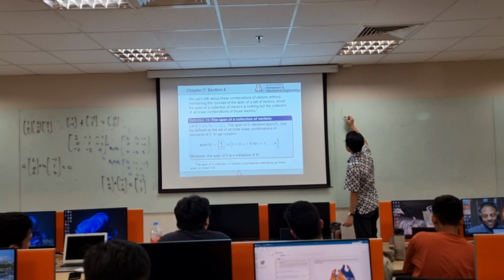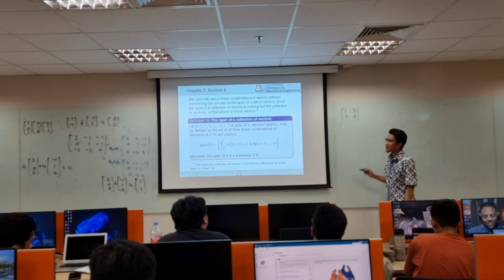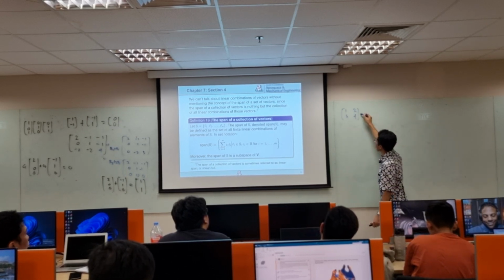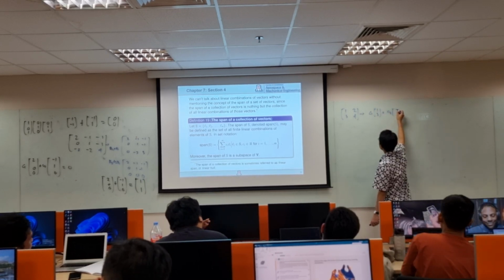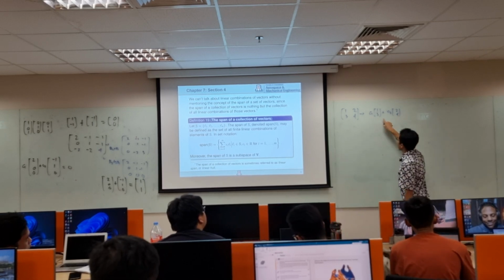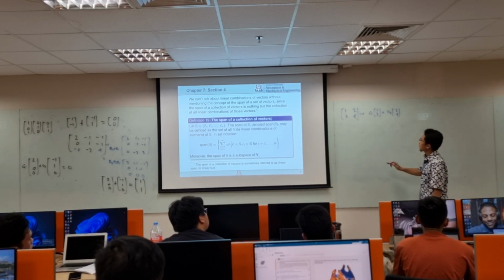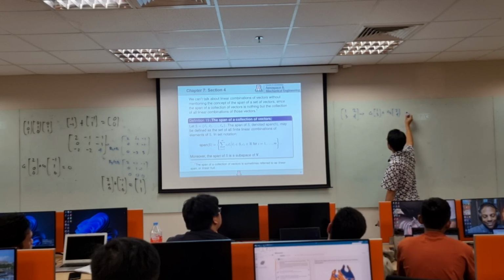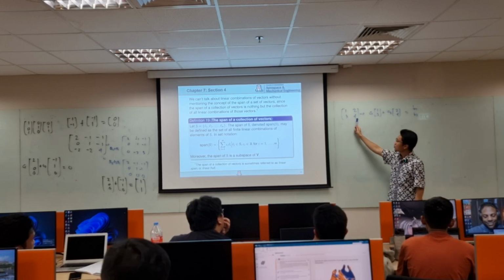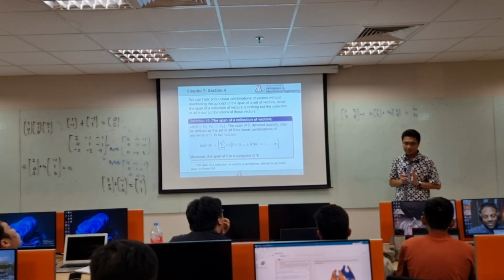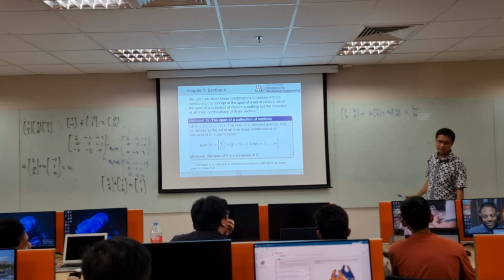For example, our favorite example, this one. These columns, if I say C1 times (1, 3) plus C2 times (2, 4), this will span the entire R2. Let's say this is B1 and B2. Because these two columns are linearly independent, the linear combinations of them can fill up the entire XY plane.